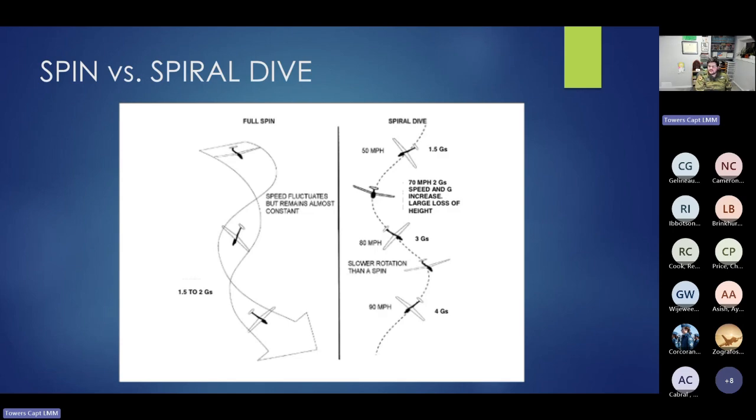That's kind of what a spin looks like from the outside anyways. It doesn't necessarily feel like that when you're in it. But in the spiral dive, you're pointing towards the ground and you're corkscrewing towards the ground, and you're not necessarily spinning around like this. You're just spiraling around towards the ground.